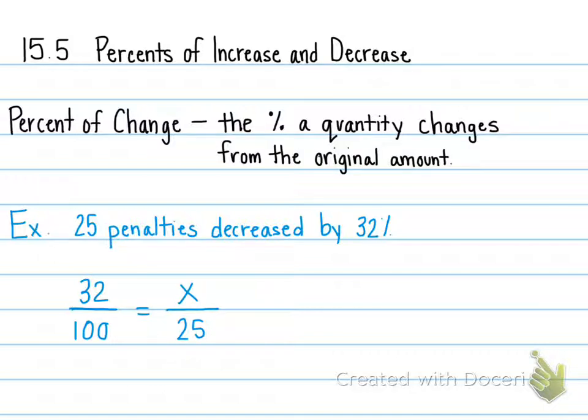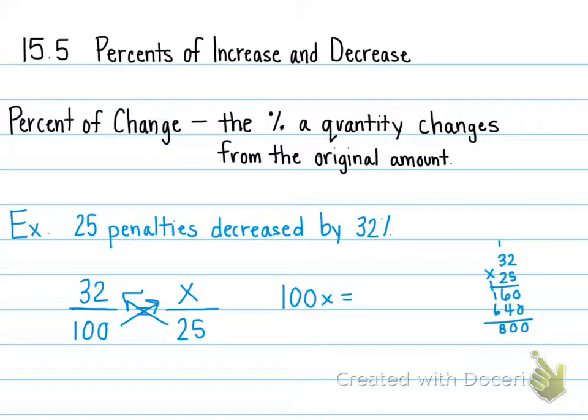So let's figure this out. You know it's 100 times x, which is 100x, equals 32 times 25. Do that quickly over here. 32 times 25, 10, 16, 4, 6, 0, 10, 8.